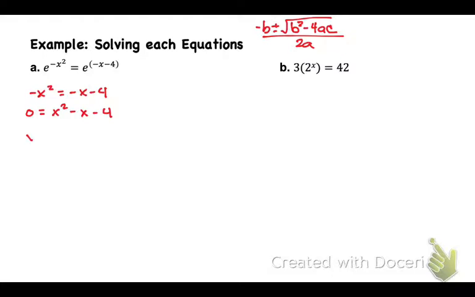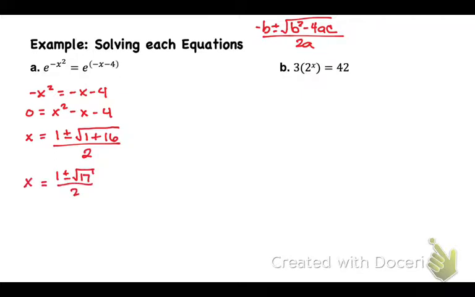So x equals negative b, so 1 plus or minus the square root of 1 plus 16, so 1 plus or minus the square root of 17 over 2. Yep, that's exactly what I said.